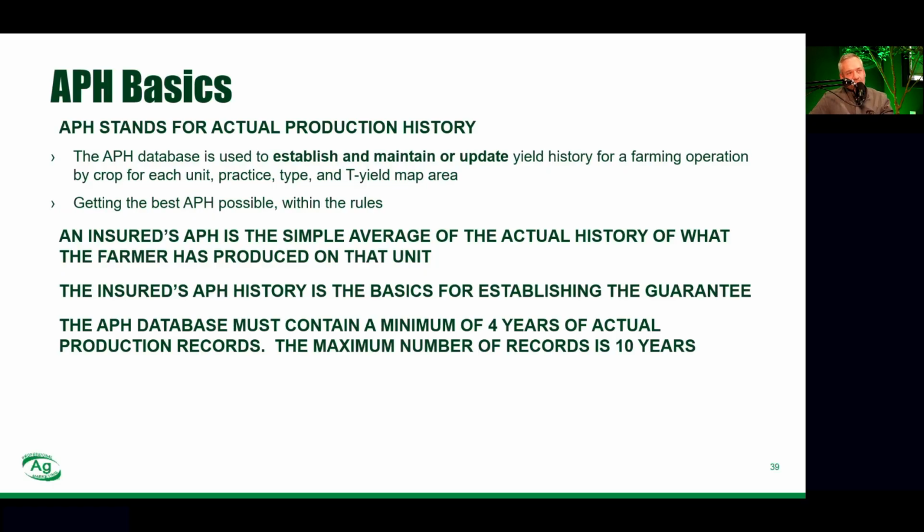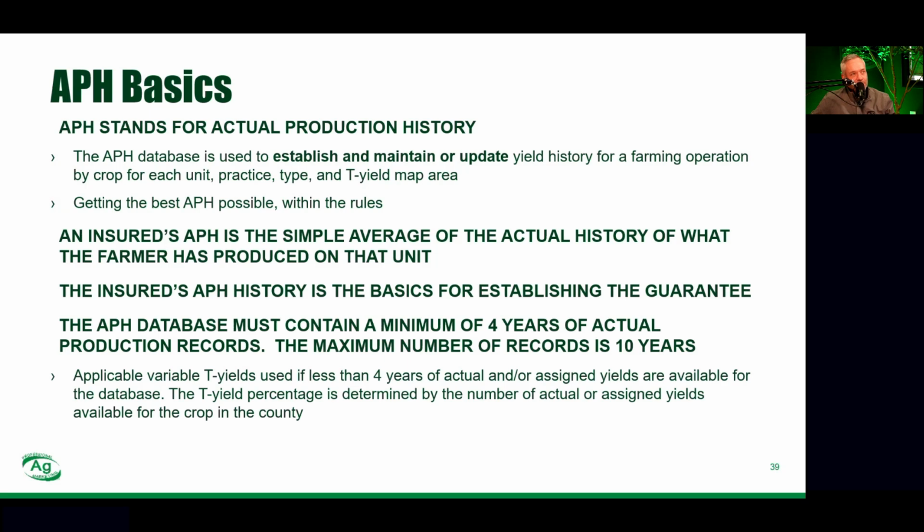Because it has a maximum of 10. But if I plant every other year, some of those yields are going to get pretty old. Or if I have more crops than just 2 in my rotation, those yields are going to be older and older. So something to watch. It's not 10 calendar years. It's the 10 crop years that I've planted crop in that field.